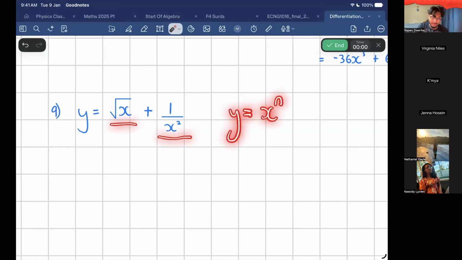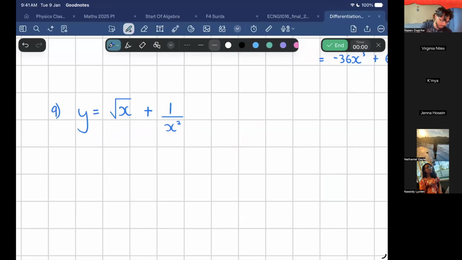None of these are directly in that form. So we need to put it in that form so we can differentiate it. The square root of x actually means x to the power a half. Right, Serena? So you made a little mistake there.